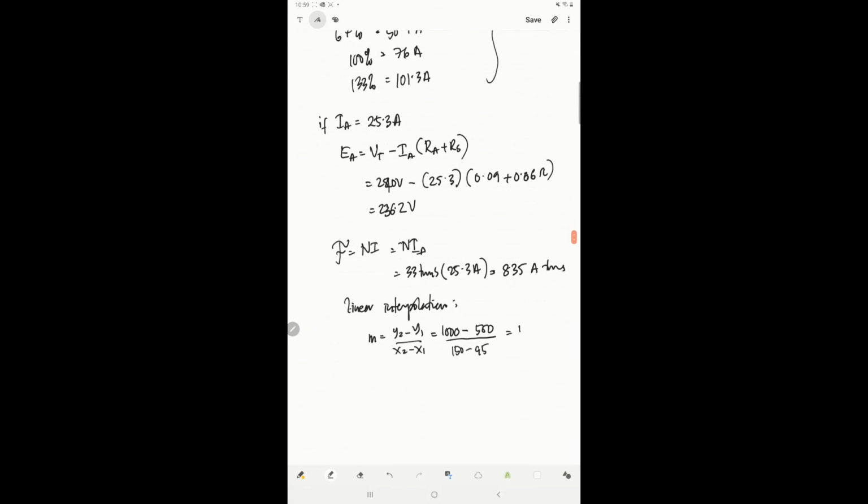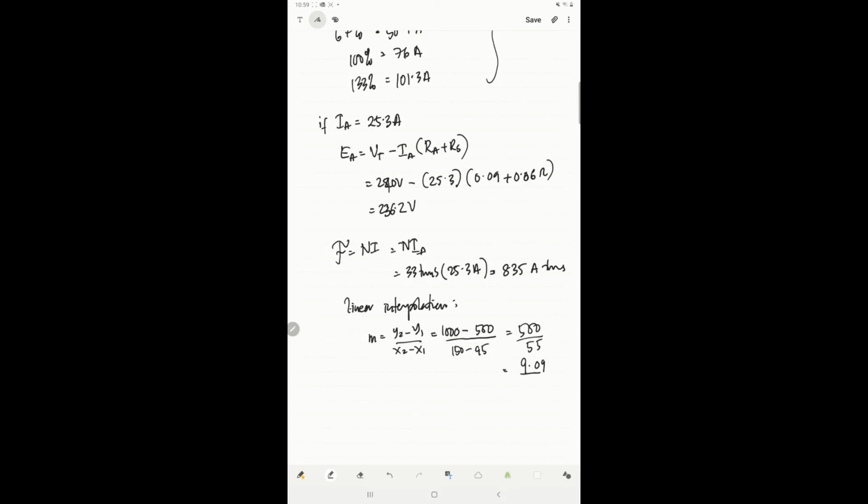So it will be 500 divided by 55, which gives you the slope, 9.09.